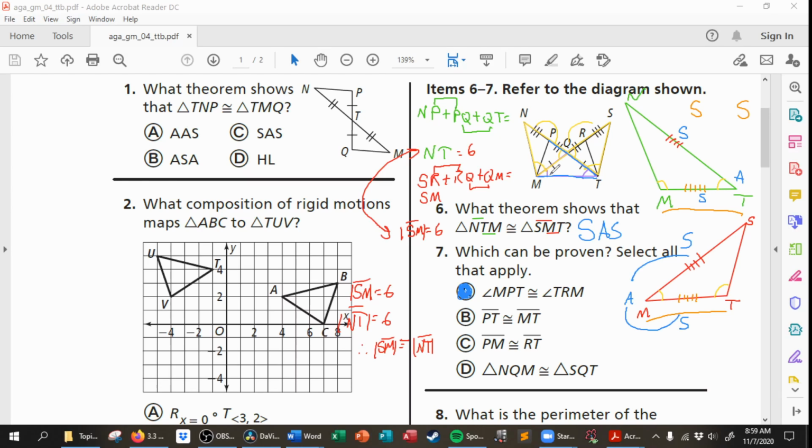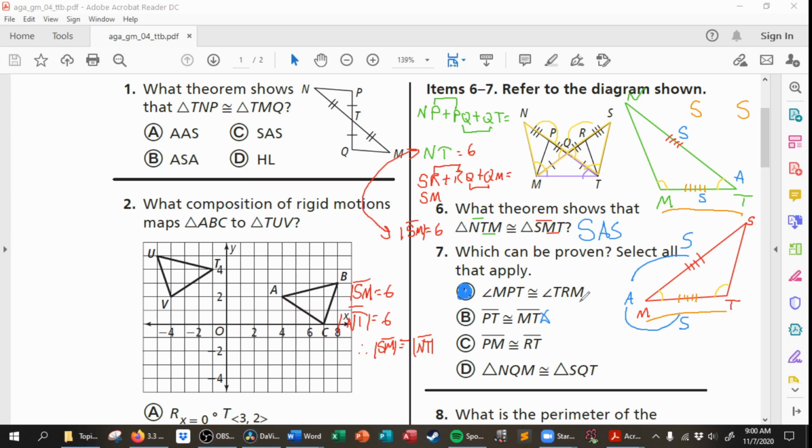Well, easily put, there's no other triangle here for this one that I have 2/3 highlighted to map onto anything else. And they're not marked congruent. This and this would have to be marked congruent. So no, we're not going to say that at all.